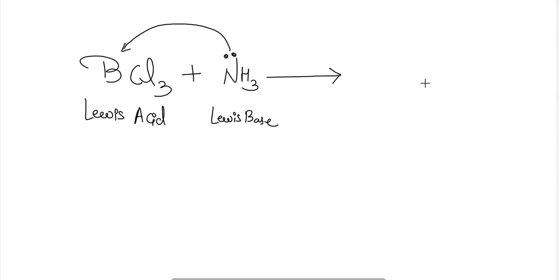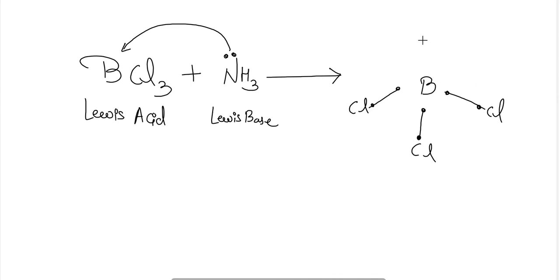Boron has 3 valence electrons, which are shared with chlorine here. You can see that chlorine shares one electron with boron, but still boron has only 6 electrons in its outermost shell.